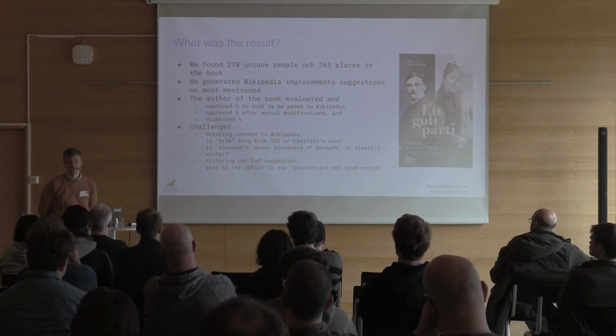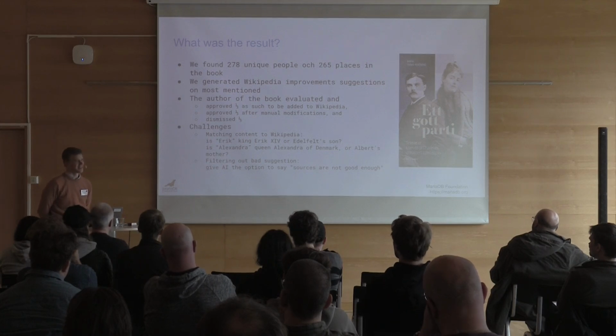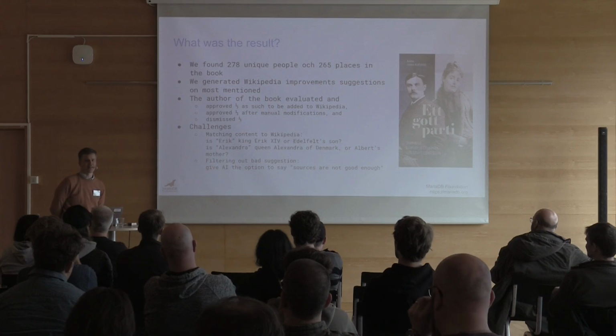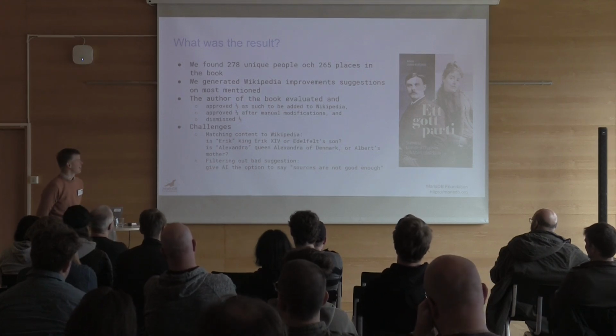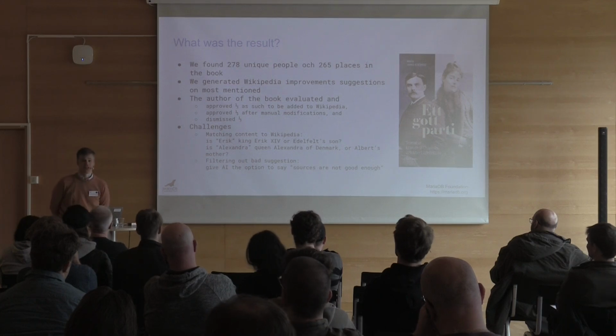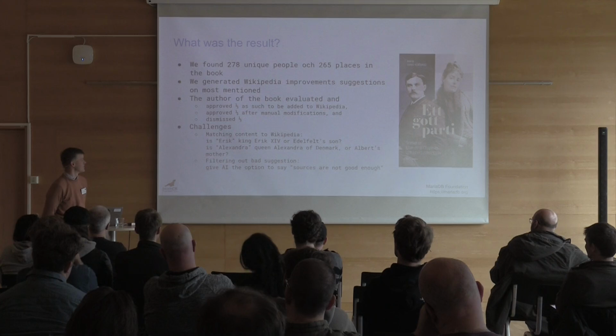One third, she thought, yes, absolutely, put it in. One third, she said, that's not quite right, it doesn't quite fit into the flow of the Wikipedia article, or that's actually not true. And then one third she dismissed, like, no, this is BS, this is not correct.